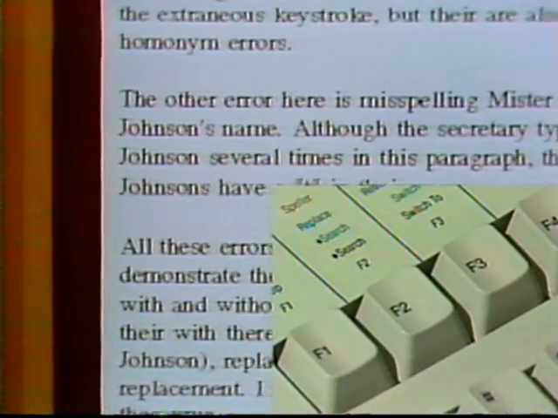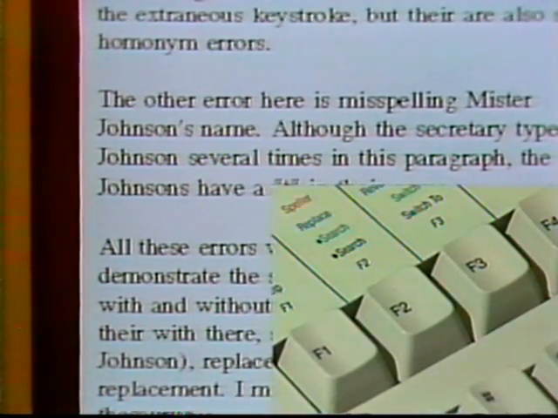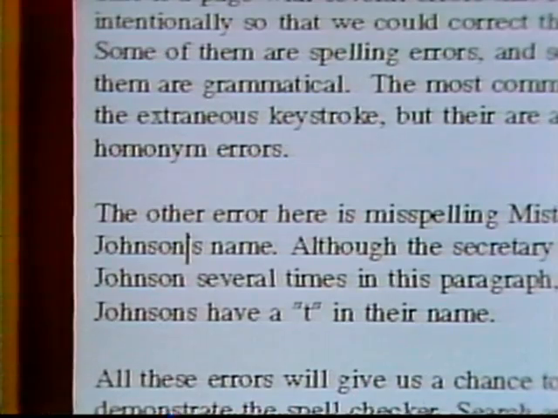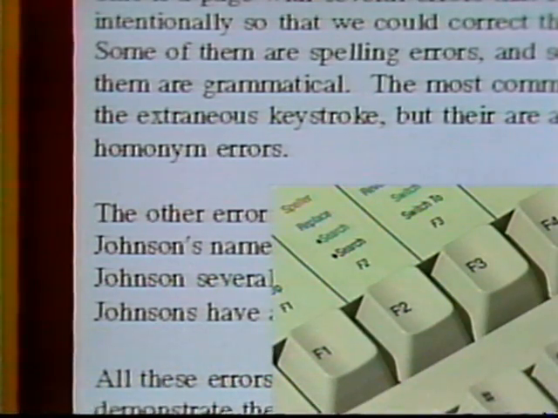Notice that it has found the first occurrence of the name Johnson, even though there was something else after the name. It will find any group of letters that matches the group that you typed into the box. If you'd like to search again, for the next time it occurs, then press F2 again.